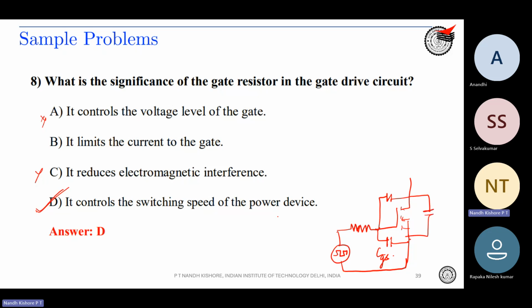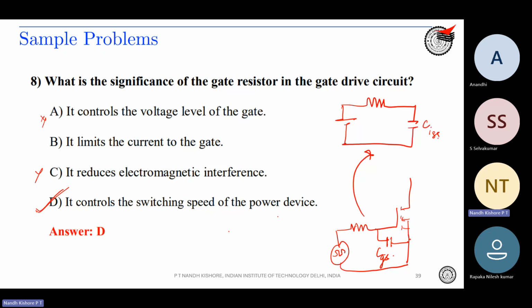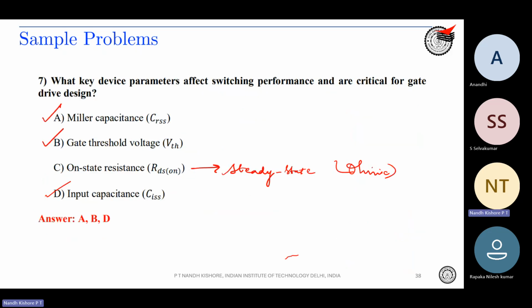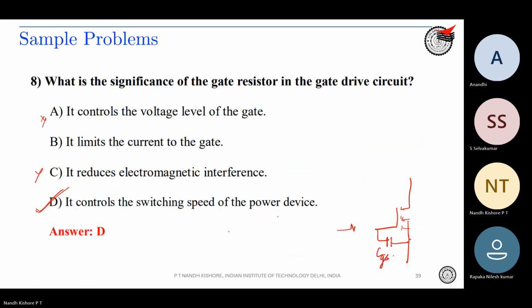So during turn on, this circuit can be approximated as an RC circuit, correct? There is an R and then there is a C. So this is your CISS and this is your gate resistance RG.